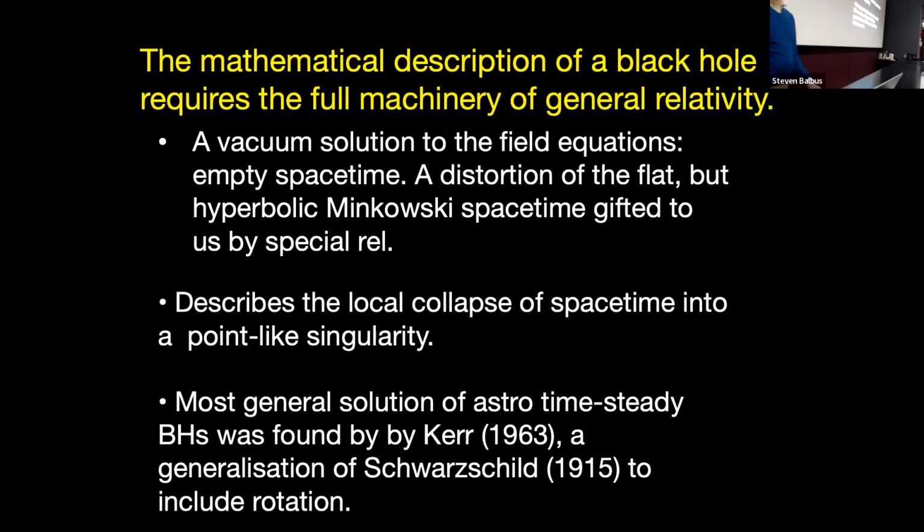So a black hole really is nothing. It's a vacuum solution. It's hard to learn about black holes because there's nothing there except some kind of an infinite little puncture in the geometry of space-time, whatever that means.